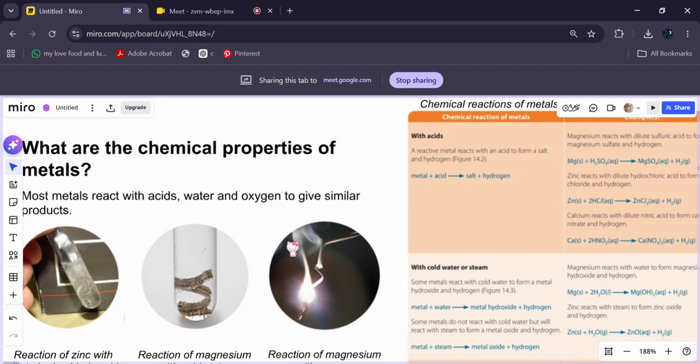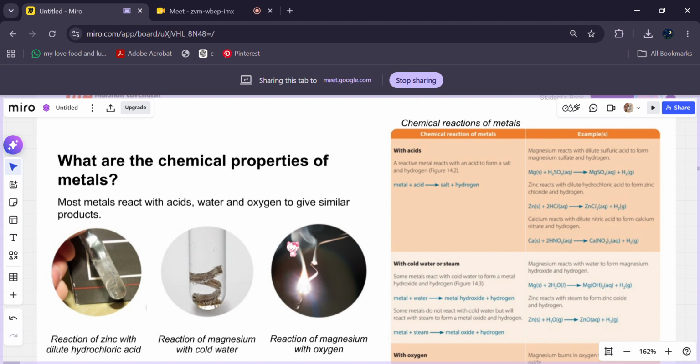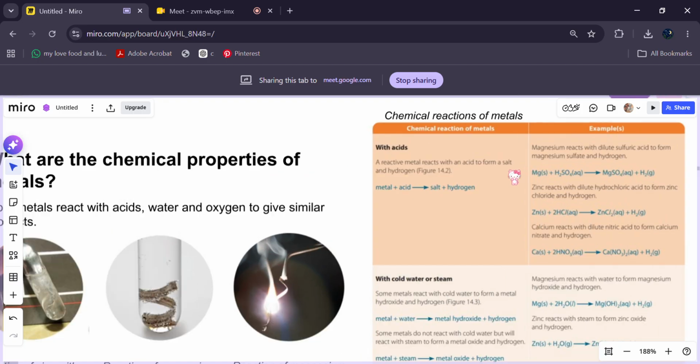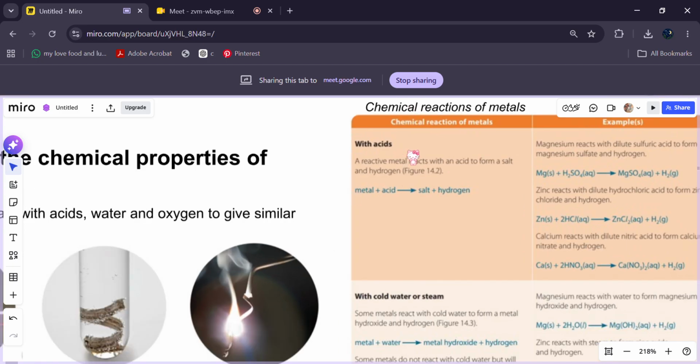Now, what are the chemical properties of metals? Most metals react with acid, water, and oxygen to give similar products. When a reactive metal reacts with acid, it forms a salt and hydrogen. We learned this in chapter 12, where we talked about oxides, acids, and bases.